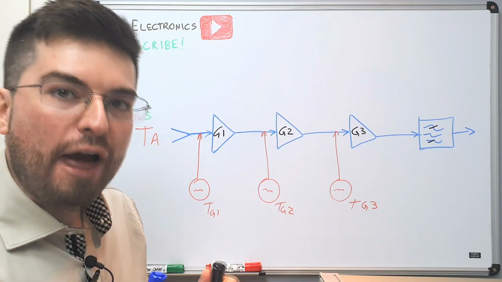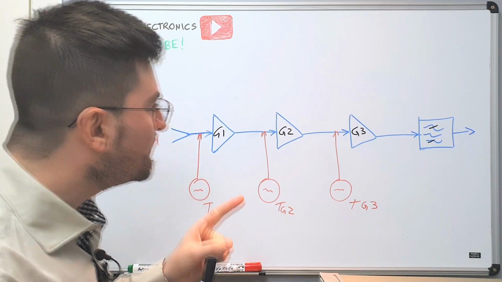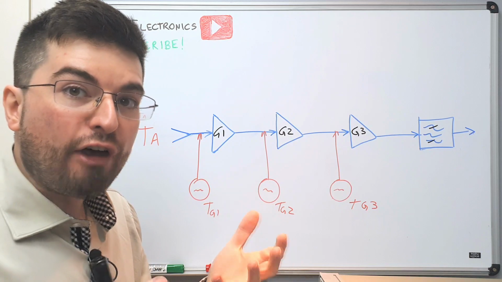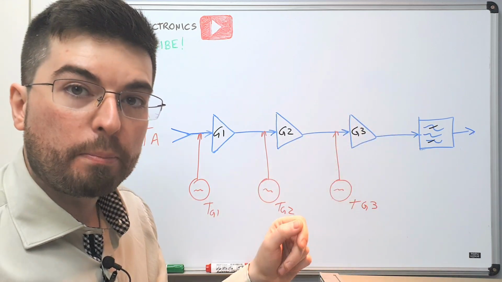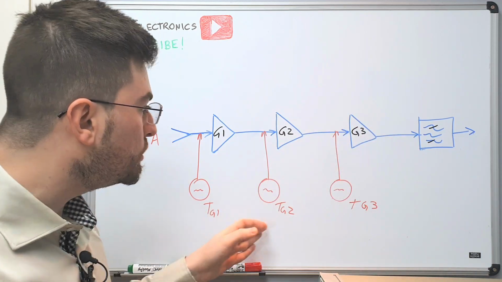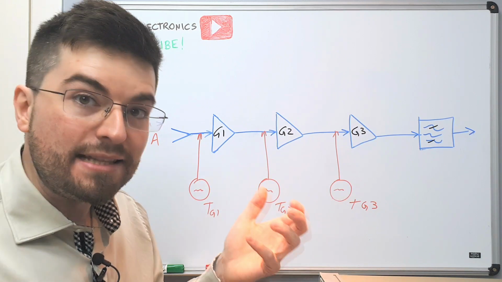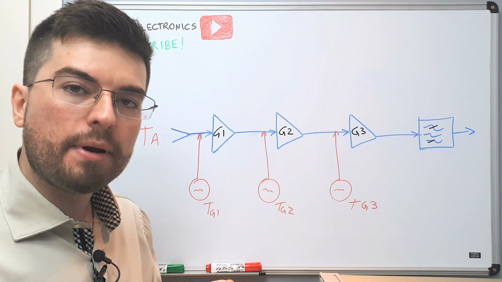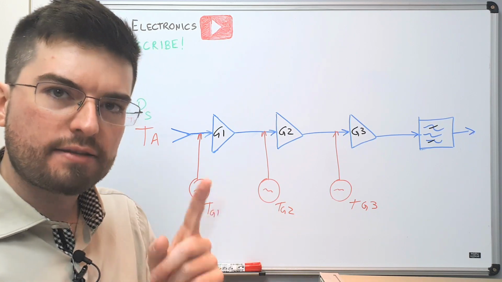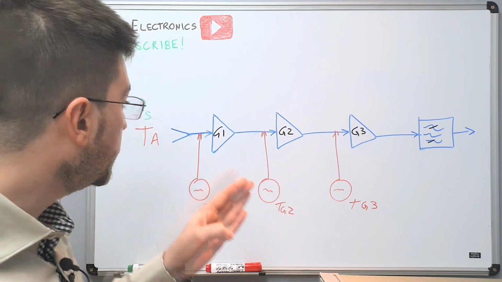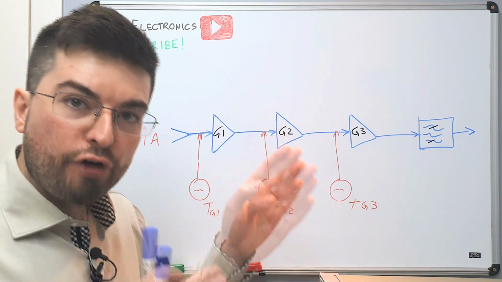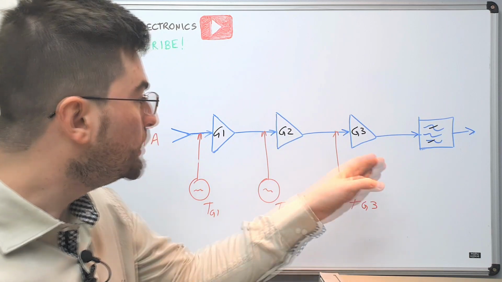And this is very interesting, guys. Let's draw here the equation that defines the final noise temperature on the output. As the noise temperatures are all in the linear domain, this becomes very easy to calculate. And remember that we need to calculate the noise temperature related to the input of the amplifier chain. As always, we refer the temperature to the input.